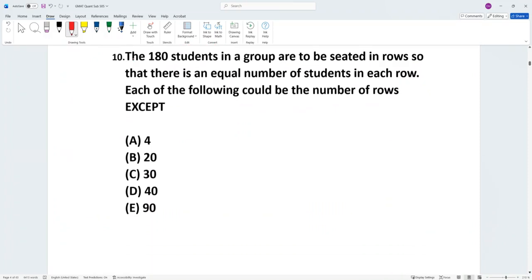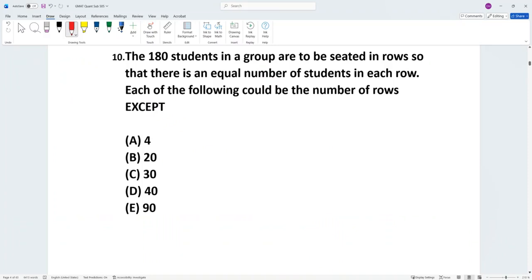It says, the 180 students in the group are to be seated in rows so that there is an equal number of students in each row. Each of the following could be the number of rows except.